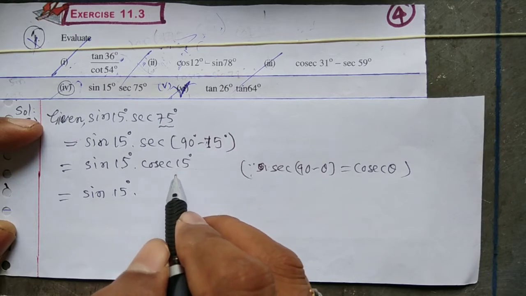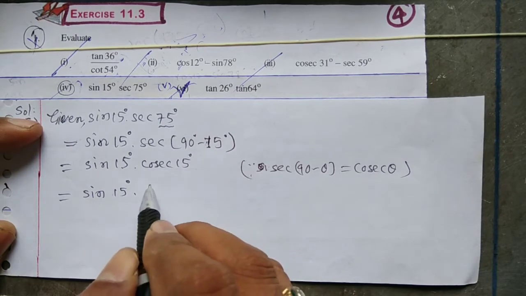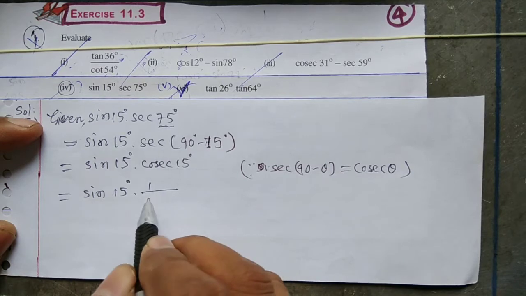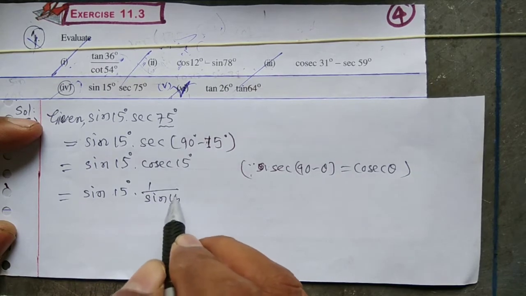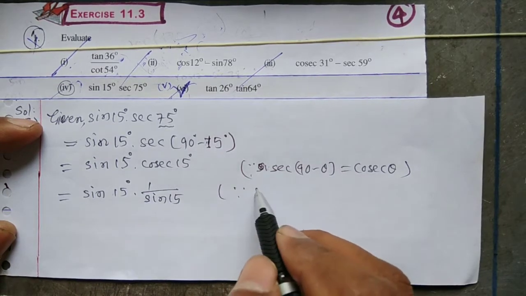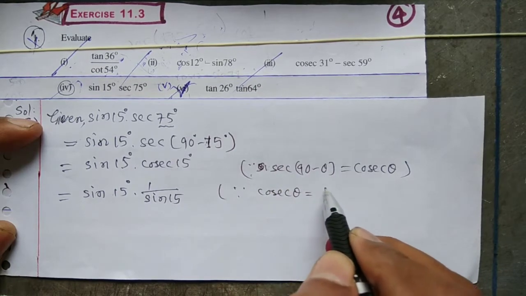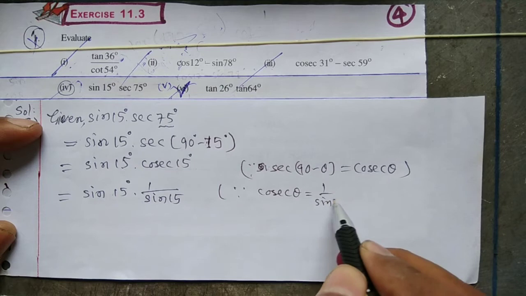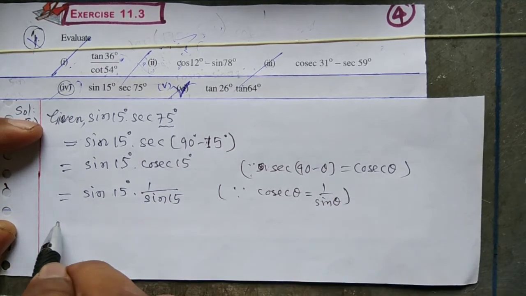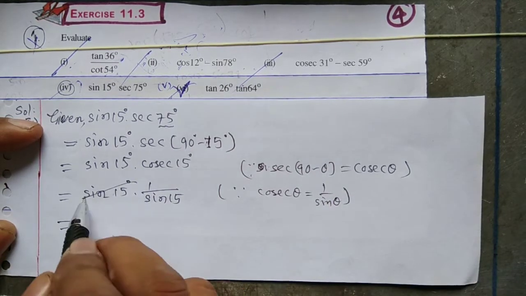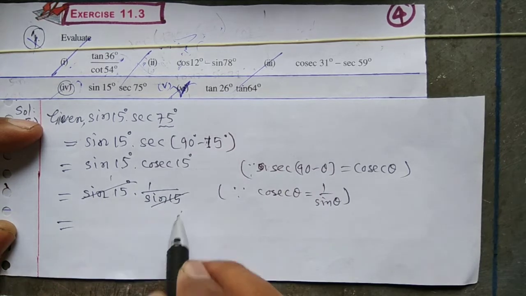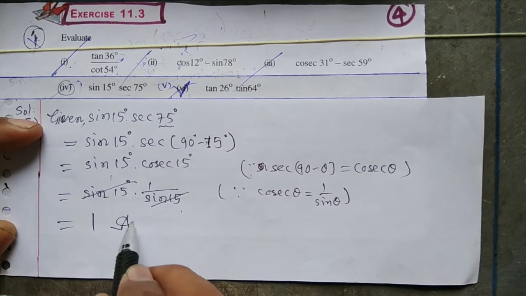Cosec is the reciprocal of sine, so we can write 1 by sin 15 degree, because cosec theta is equal to 1 by sin theta. Sin 15 degree and sin 15 degree cancel, so 1 is the answer.